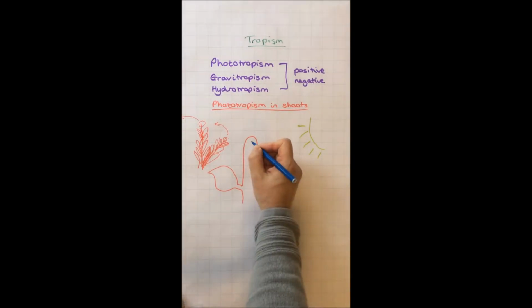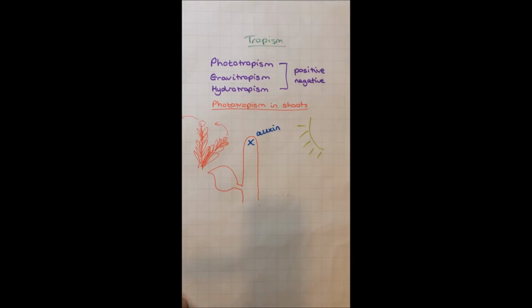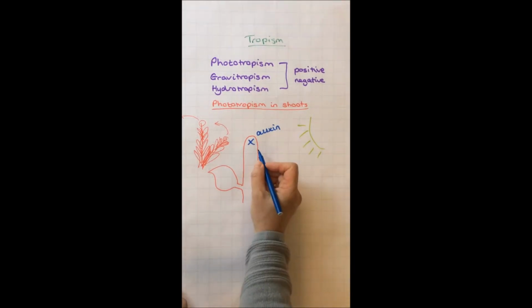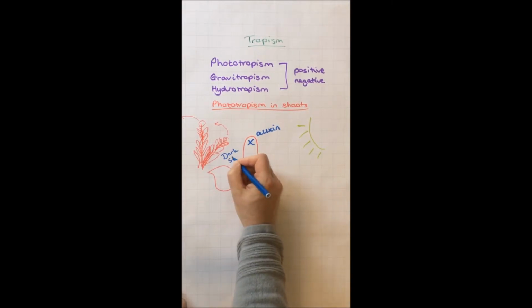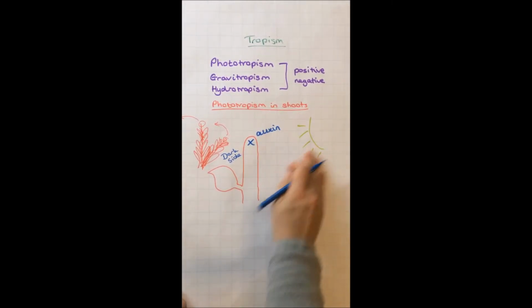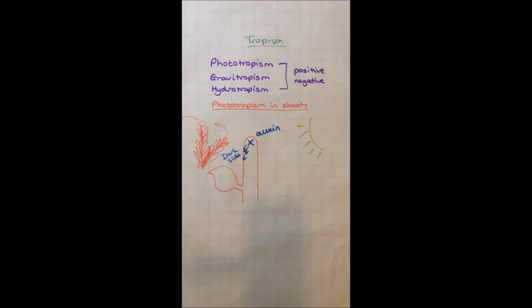The hormone is made here at the very tip of the shoot, and that auxin moves to the dark side. Here it's dark, and here we have the light coming from this direction. So the auxin moves to the dark side of the shoot.